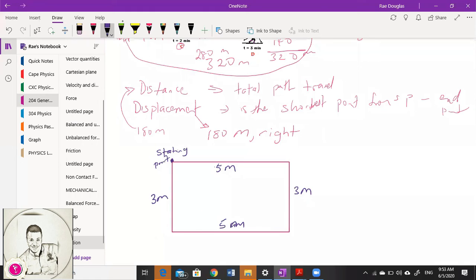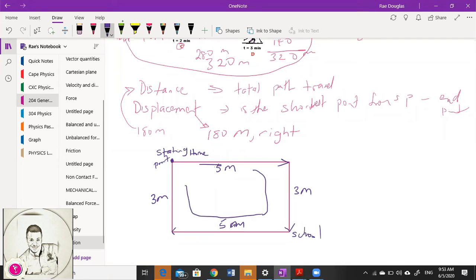Now, let's imagine that this is your home, right? And you travel from home to school. This is the path that you take. You go in this direction. So this is school, right?